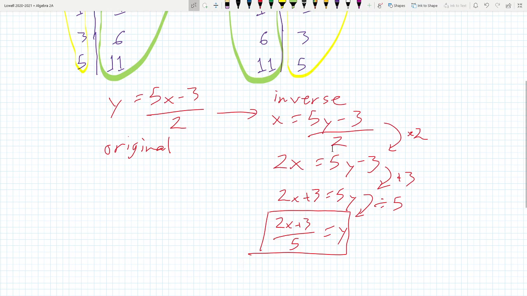You end up with something like this, and then you just need to solve it for y. And this will be your inverse. If the original function was f of x, this would be f inverse of x.